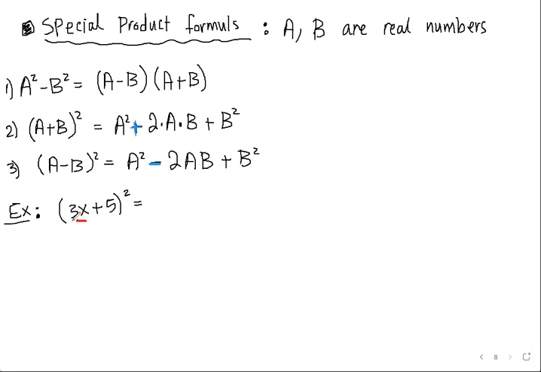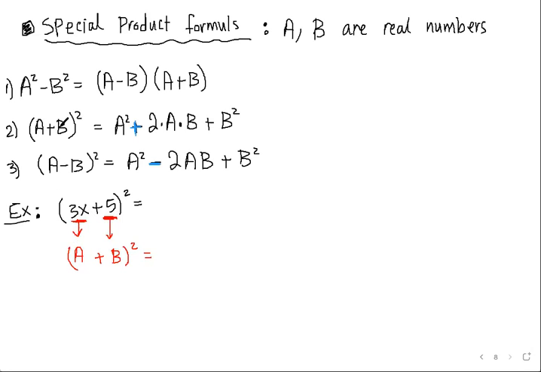So look, this is 3x plus 5 squared. What is A? What is B? Can you show me what is A? A is 3x, right? And 3, that's B? What is B? 5, exactly. So actually, I have A plus B squared. How can I solve this one?